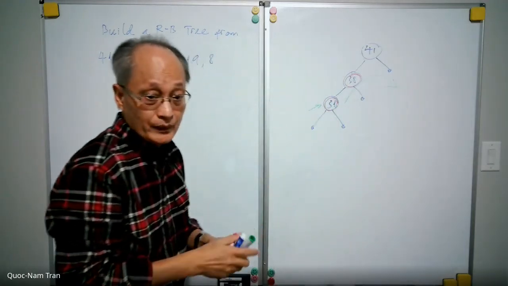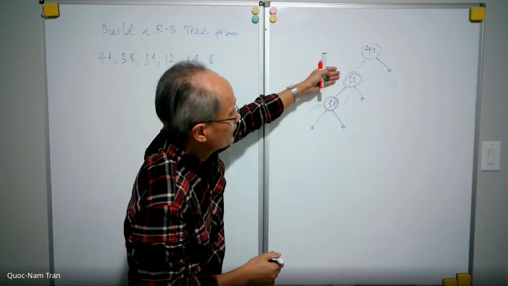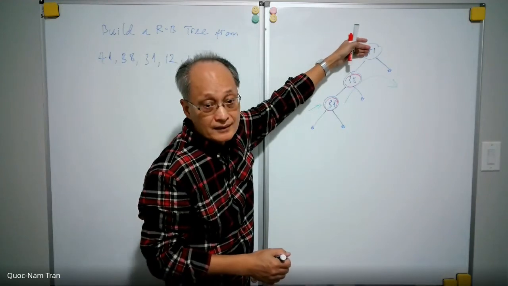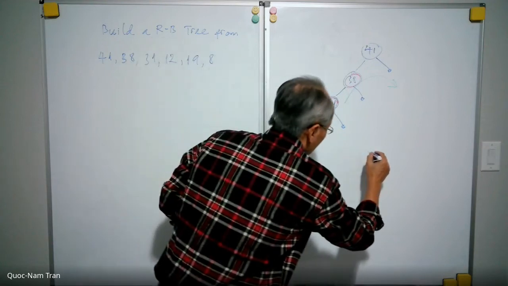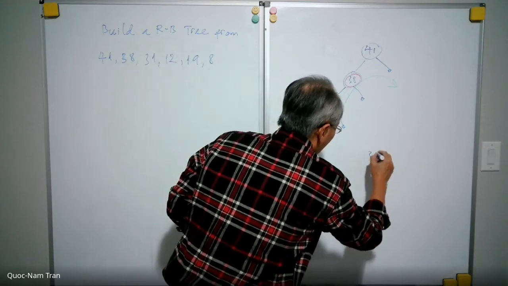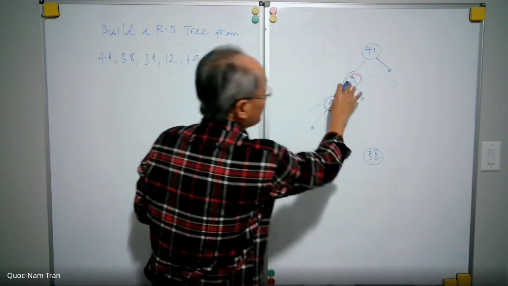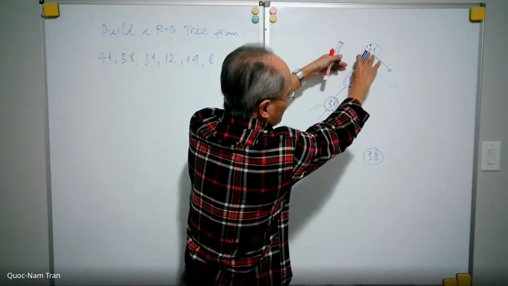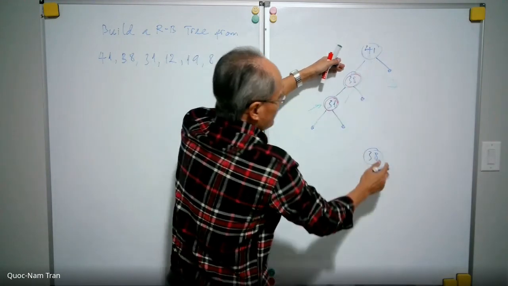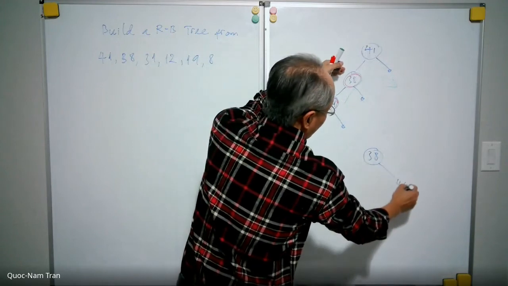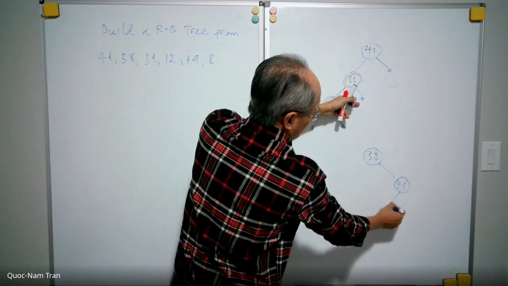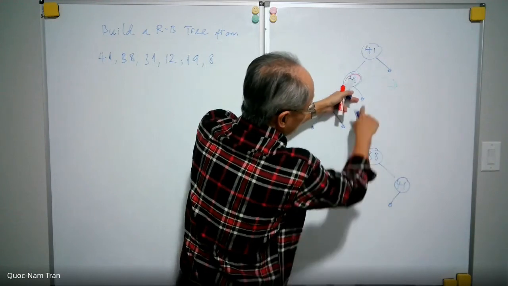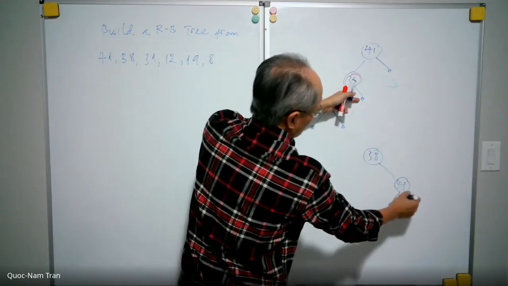So what does rotation mean? Rotation means we bring the 38 up, right? And with 38 up, 41 will be plugged on the right of that, right? And then this one will be plugged into the left. This one will become the left of 41.